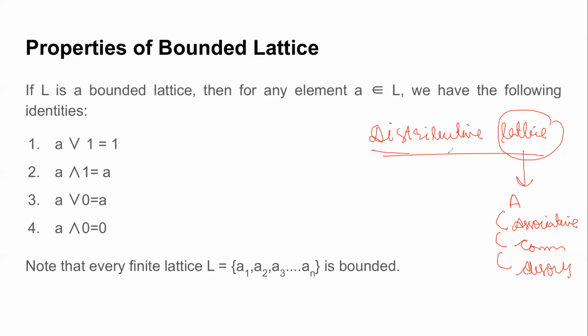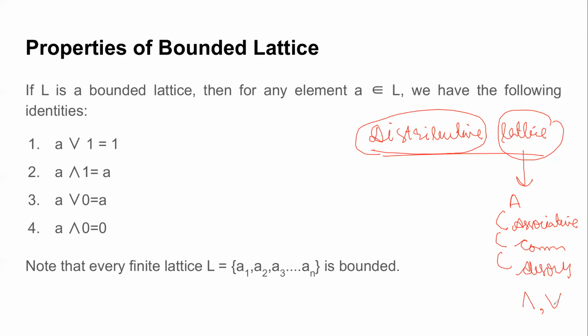Now what should a distributive lattice be? You already know a lattice is defined for two operations, intersection and union. So what should a distributive lattice be if you don't look at the definition? Exactly. It comes from the name itself. It should satisfy the distributive property.